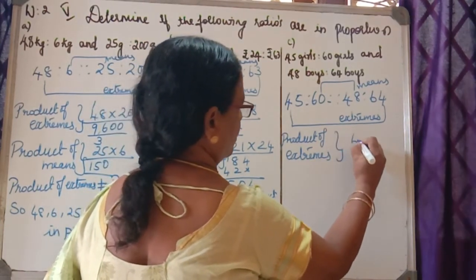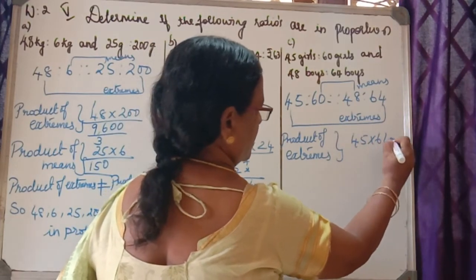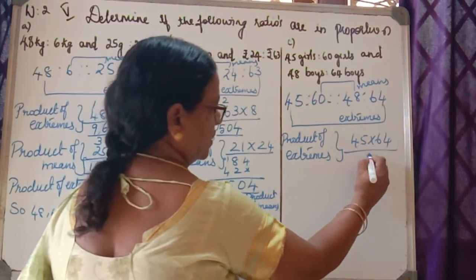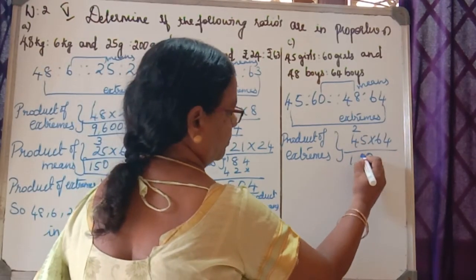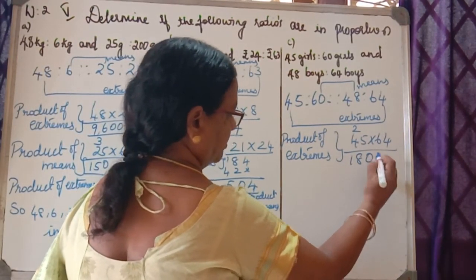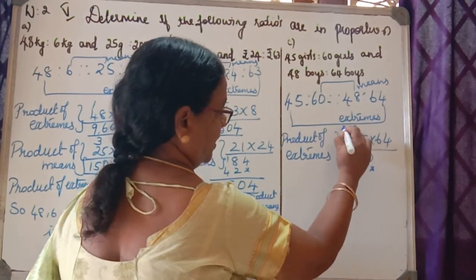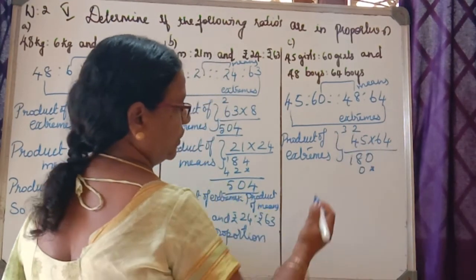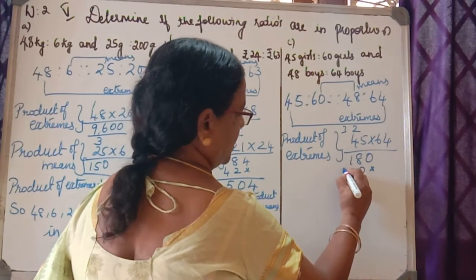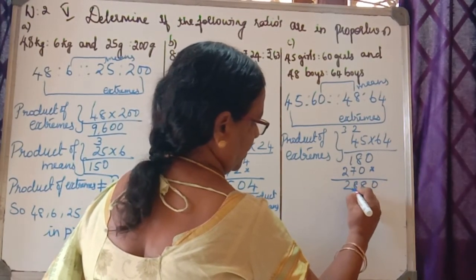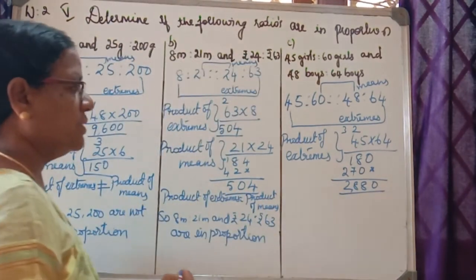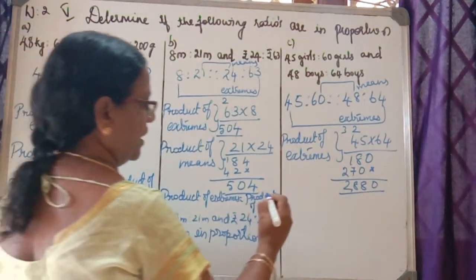The product of extreme is equal to 45 into 64. 4 5s are 20, remainder 2. 4 4s are 16 plus 2, 18. 6 5s are 30, remainder 3. 6 4s are 24, 24 plus 3, 27. So the product of extreme is equal to 2880.